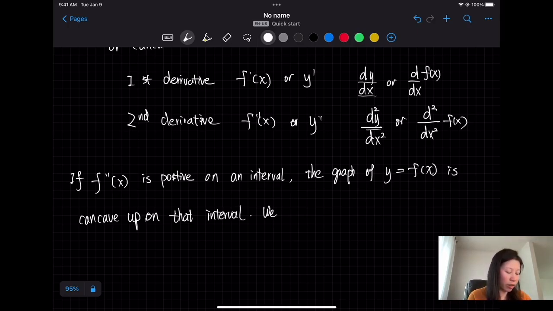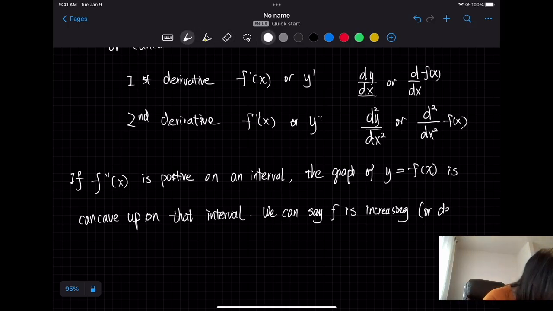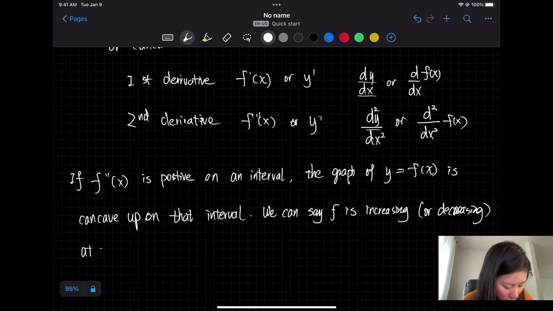We can also say f is increasing or decreasing at an increasing rate.